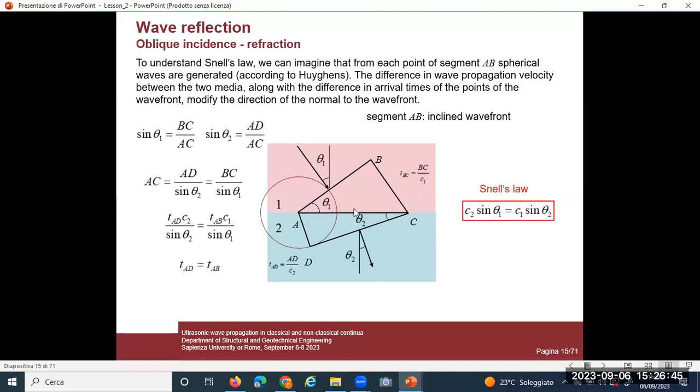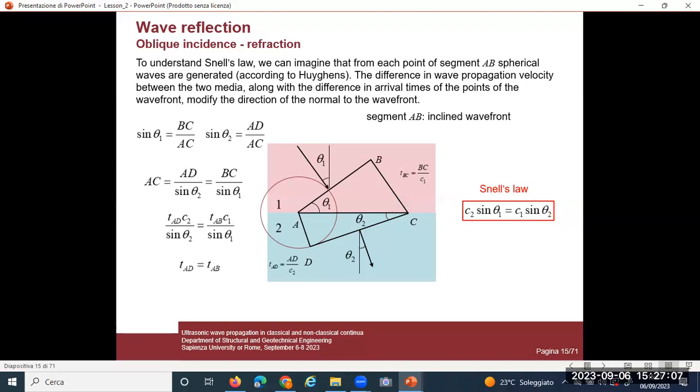It can be studied either geometrically or analytically. Basically, the results are the same, but I like this explanation, which is a geometric explanation, and enables us to derive what is called Snell's law.